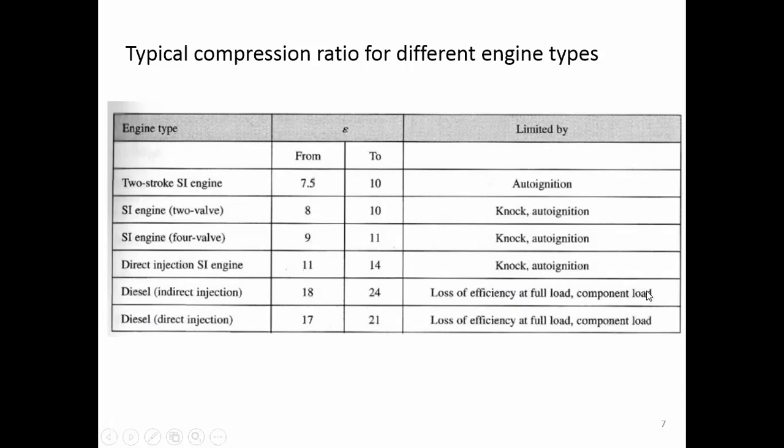That means each part of the engine or each component of the engine has to be stronger. Okay, this is the thing that you have to consider, right? This represents all the things that you have to consider if you want to design for a higher compression ratio than this.